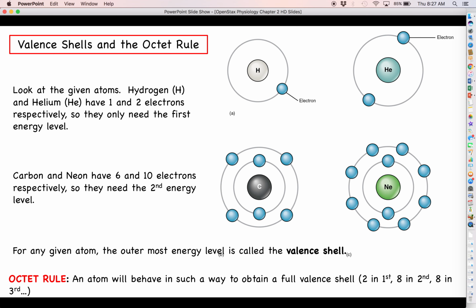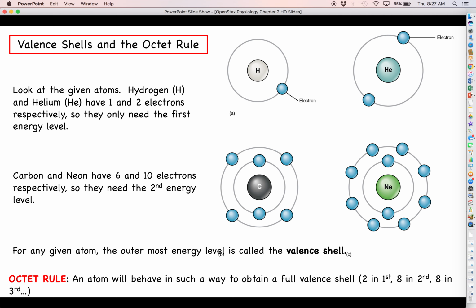So speaking of the behavior of an atom, the atom is going to behave such that it fulfills something called the octet rule. And the octet rule says that an atom is going to react or behave in such a way that it tries to obtain a completely filled outer shell, a completely full valence shell.